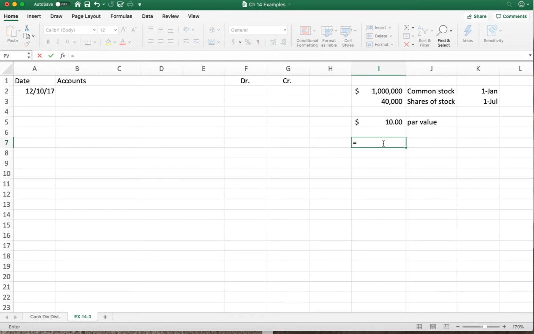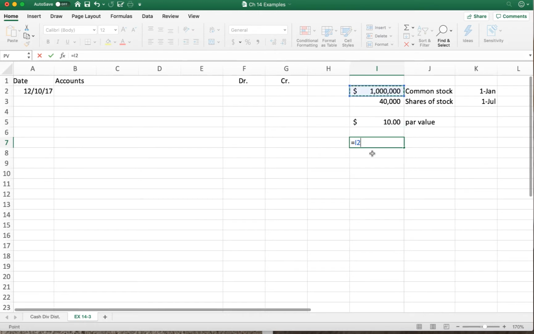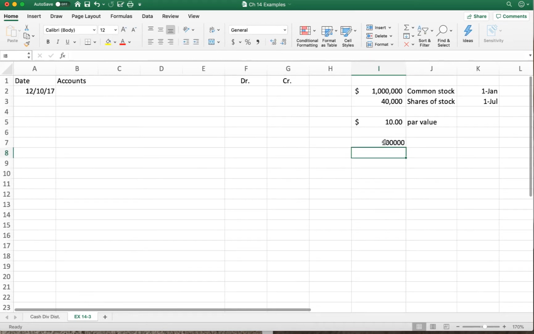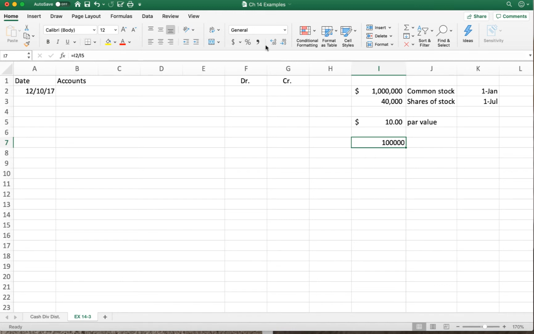So in order for me to do that, I'm going to take the dollar amount of my common stock account. It's worth $1 million, okay? I'm going to divide that by my $10 par value. Oh, sorry. And that means that there's 100,000 shares, okay? That's 100,000 shares on January 1st.